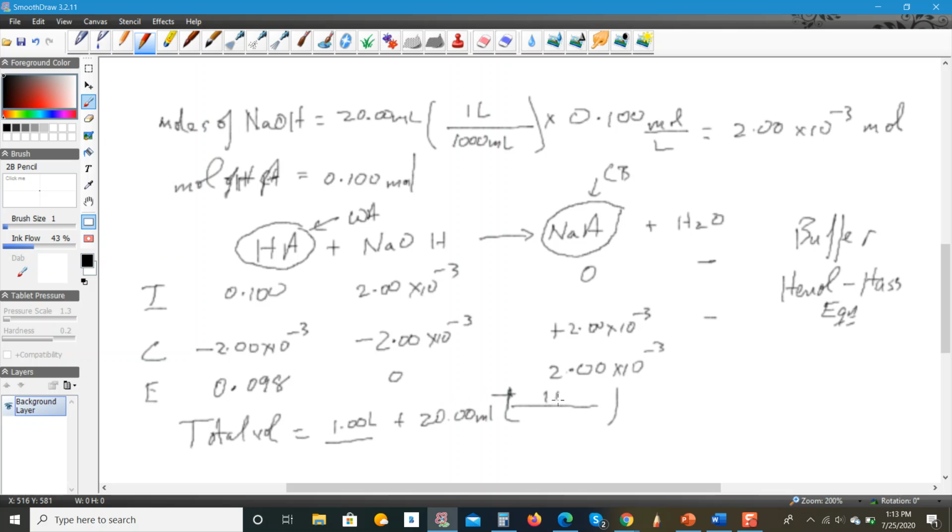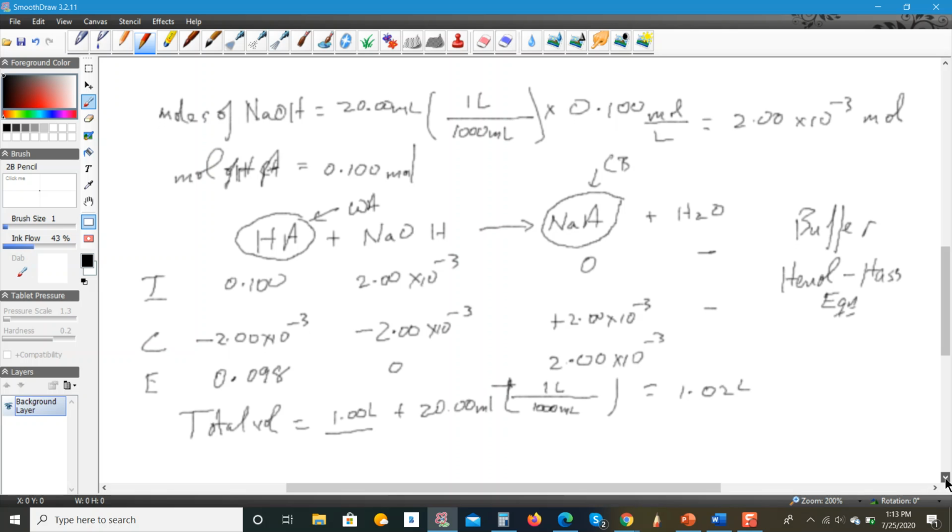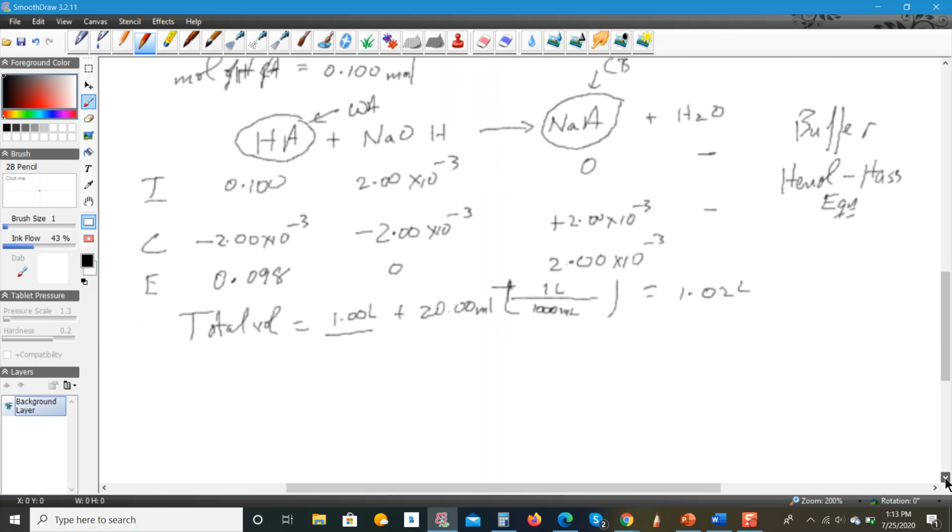So we're going to have 1 liter over 1,000 mils. And according to my calculations, this works out to be equal to 1.02 liters.